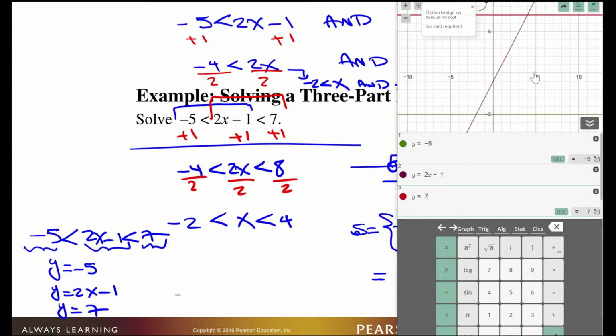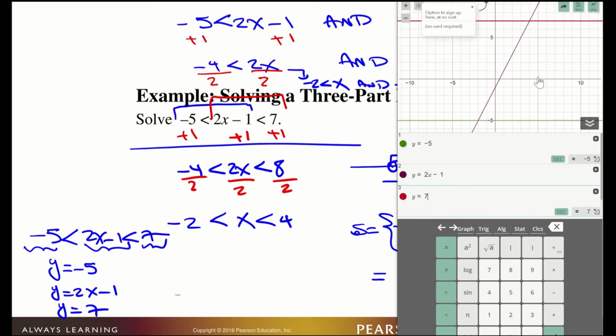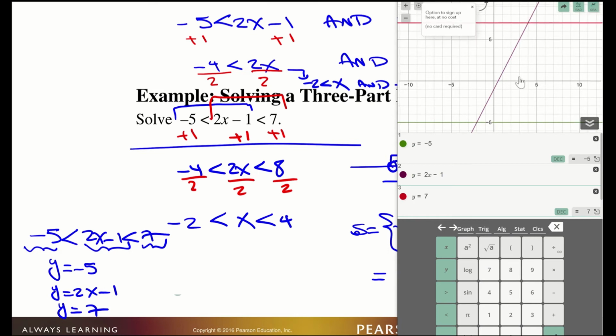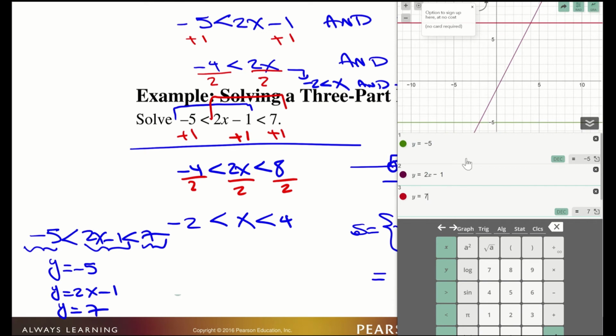All right, so notice that when y values are between -5 down here and 7 up here, right? So the -5, remember, is just going to be a horizontal line going through y equals -5, and the y equals 7 is going to be a horizontal line going through y equals 7.